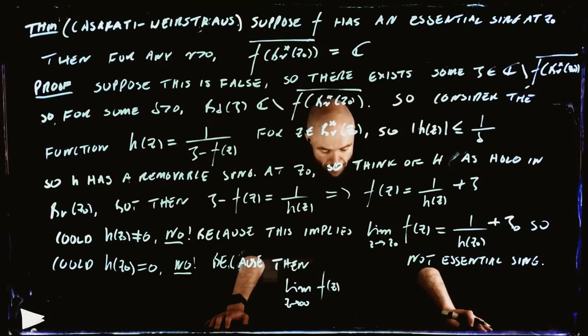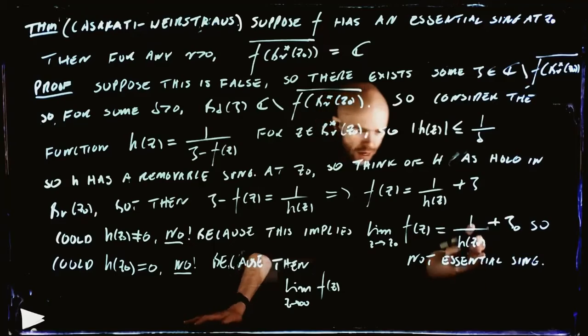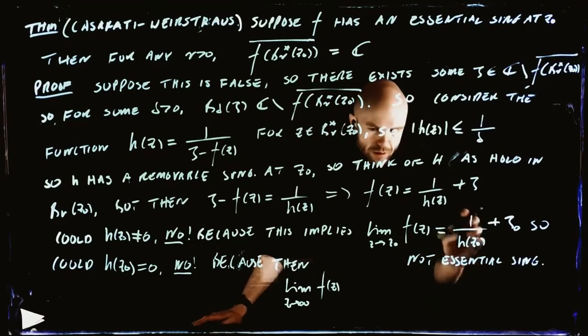Oh, I take that back. Actually, continuity is enough. Yeah. So since it's continuous, as we let z get closer and closer to z0, then h is getting smaller and smaller, so this is uniformly blowing up. Yeah? Cool. So continuity is enough.